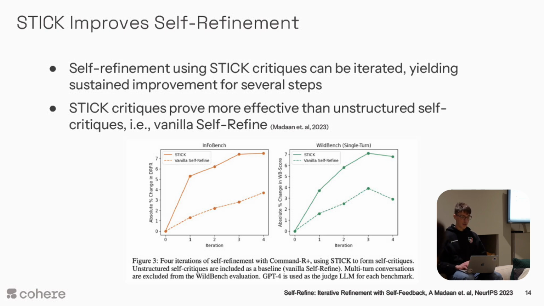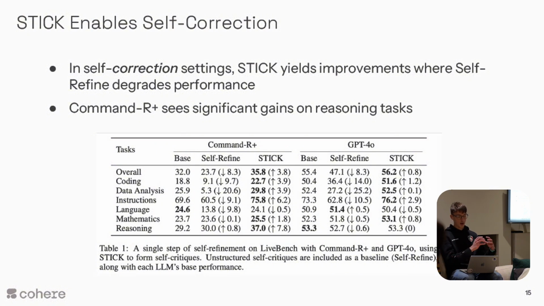And now if we go to a different dataset called LiveBench, which is a set of, as you can see, coding, data analysis, maths, reasoning, many of these problems are more like the ones where that previous paper that I mentioned showed that self-correction fails. We reproduce the result that Self-Refine leads to massive drops in performance.